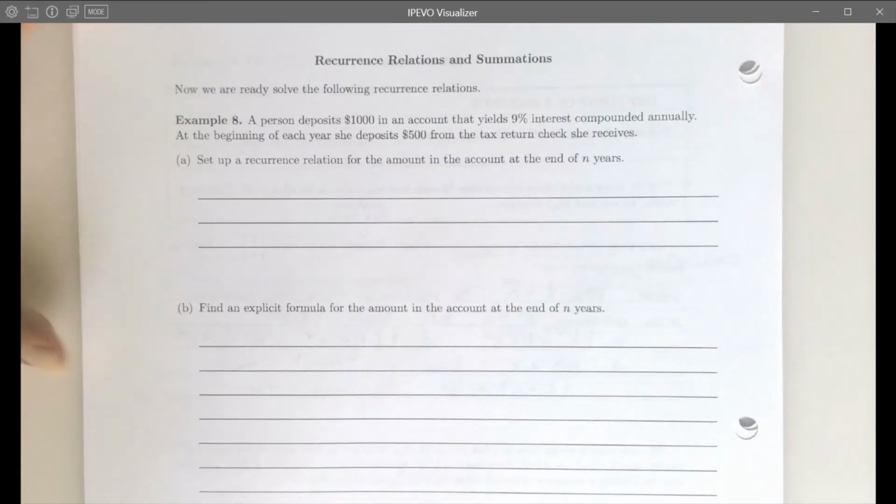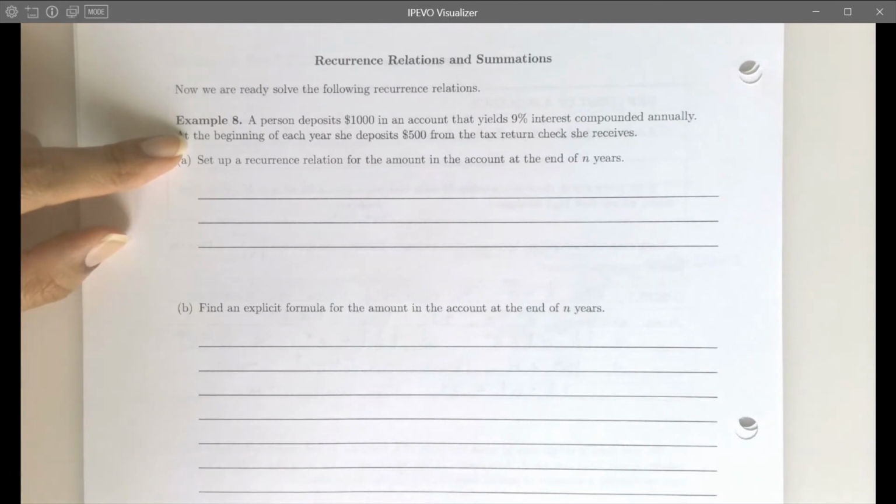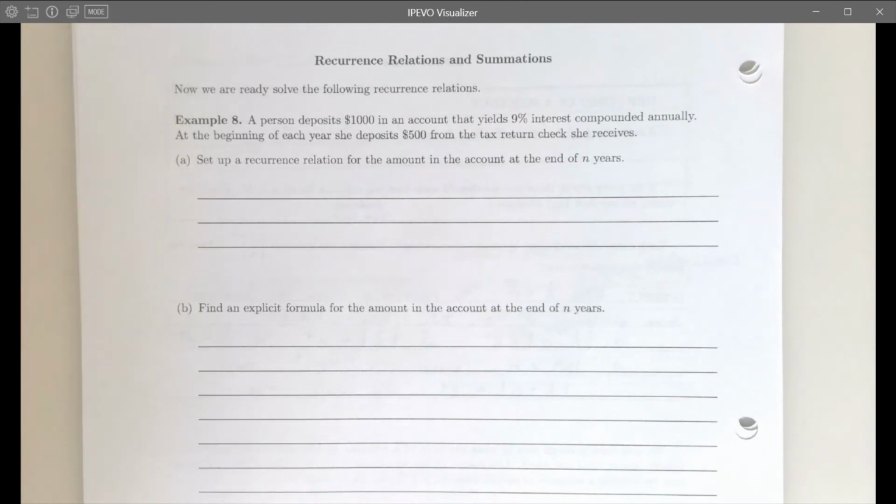So with our knowledge of recurrence relations and summations, we can now put them both together to help us solve problems like the one that we saw before we talked about recurrence relations, which dealt with a person depositing money into a savings account and letting it accrue interest, but then additionally making some type of deposit at the end of the year.